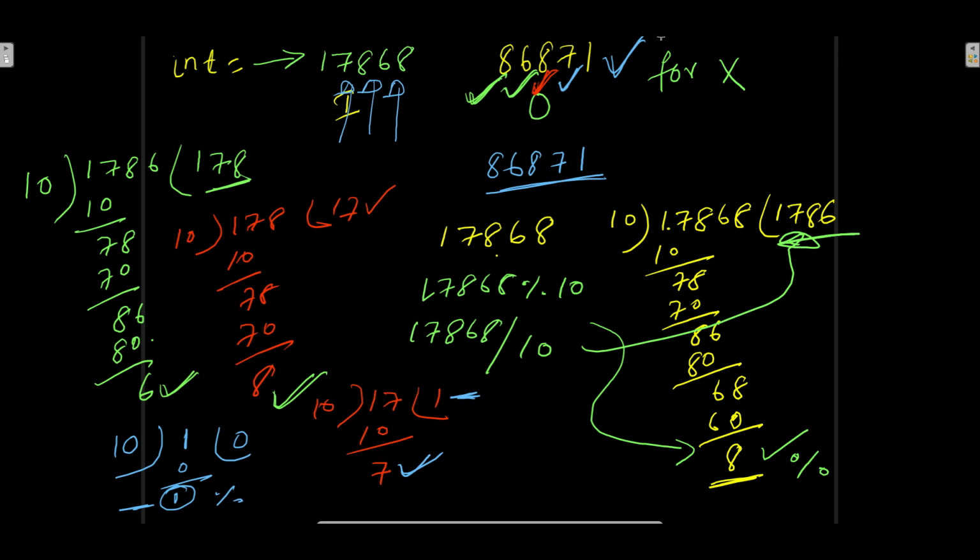You got it? Now what is coming to your mind? By doing this, one thing that came to my mind is, if I do the modulus and the division, I should get the output.